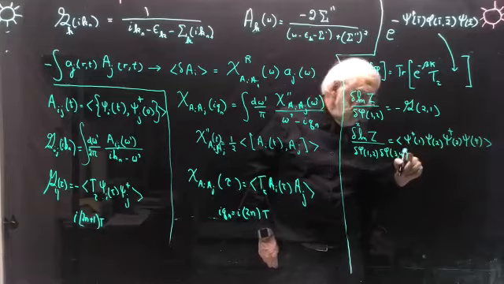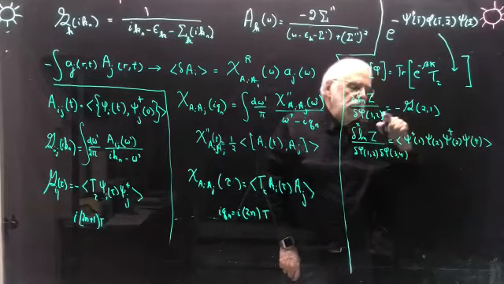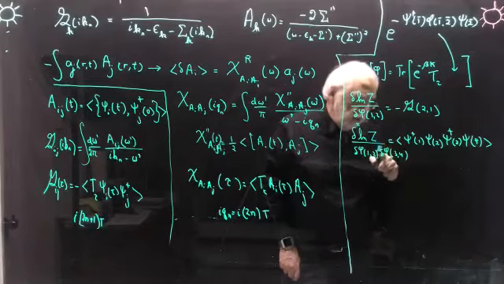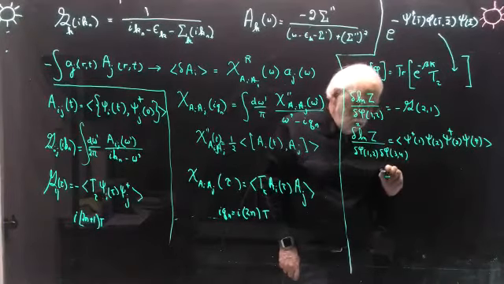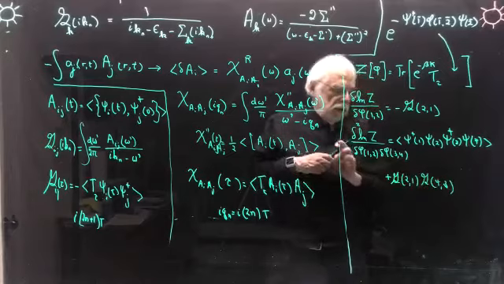There is a Z in the denominator of the functional derivative of log Z, so I need to functionally differentiate Z as well. So there's plus G 2, 1 G 4, 3.